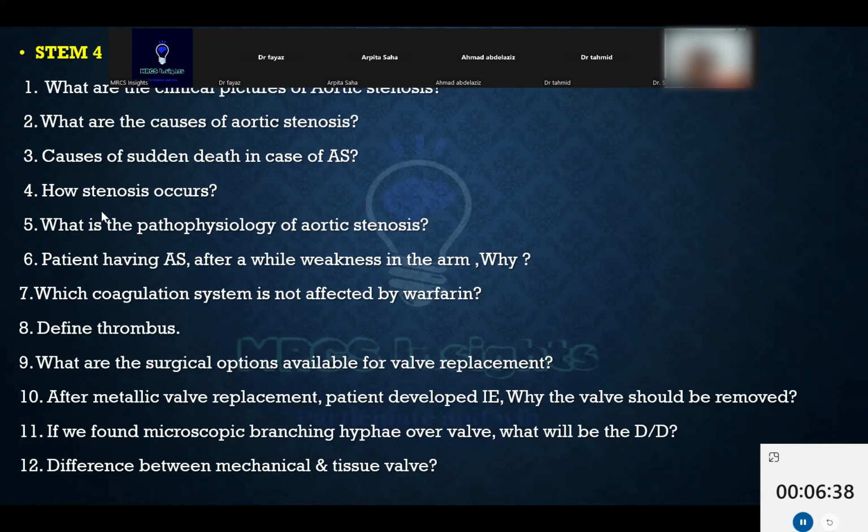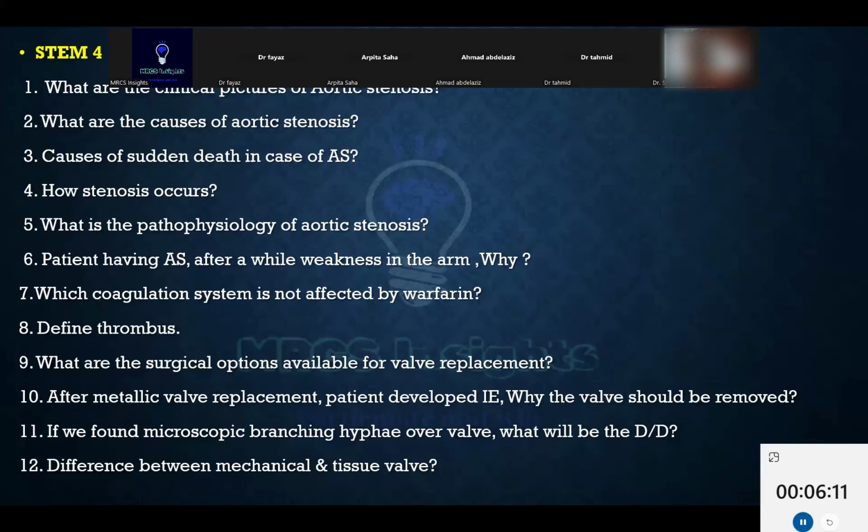Okay, very good. So how does stenosis occur? So from the sclerosis to stenosis, there is left ventricular hypertrophy that leads to increased myocardial function, increased oxygen consumption and myocardial workload. Okay, another one.